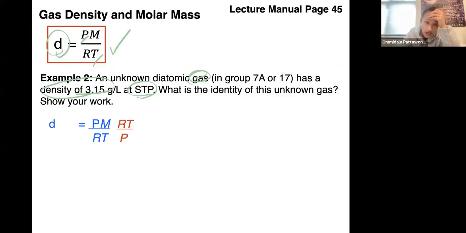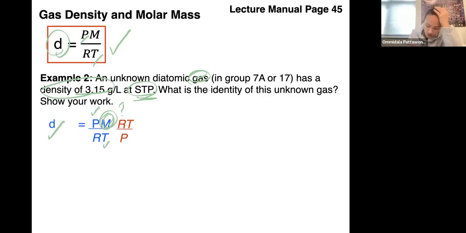I'm going to rearrange the equation real quick, because what I don't know is the molar mass. It's given density, and we know what STP is. So the only thing we don't know is the molar mass, and the molar mass should tell us the identity of the unknown gas.